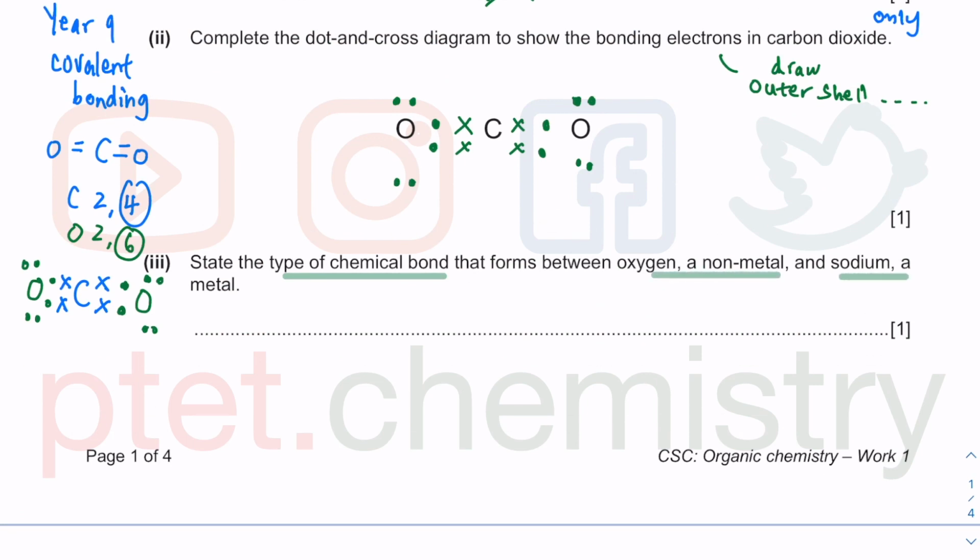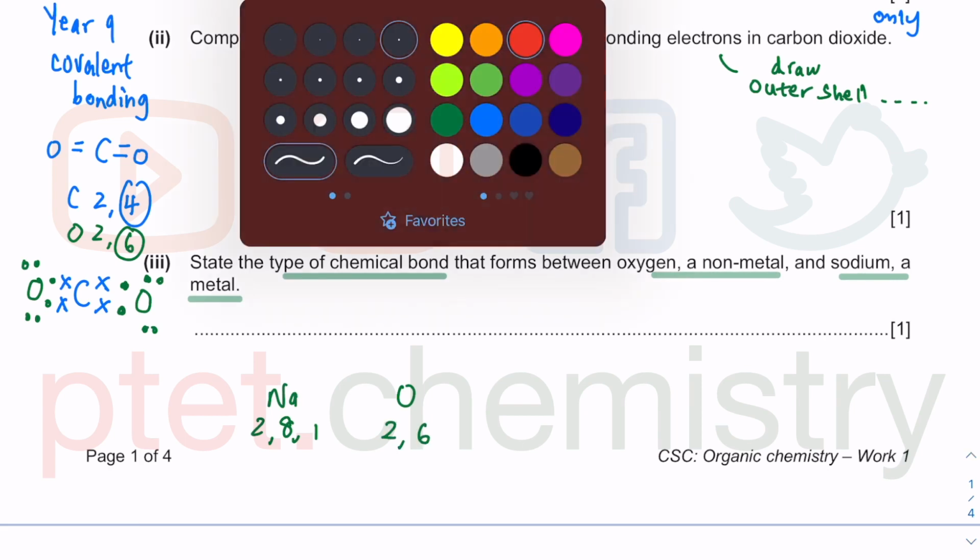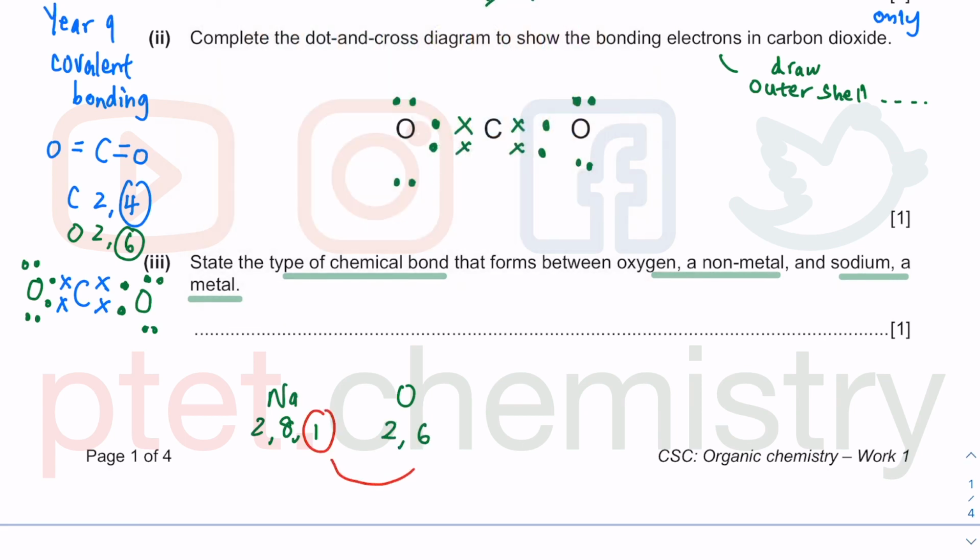So what is the type of chemical bond that forms between oxygen, which is a non-metal, and sodium, which is a metal? Sodium is a group 1 metal with electronic configuration 2,8,1, and oxygen is 2,6. The metal will lose the electron and you get Na+ with a fully filled outer shell, and oxygen gains electrons to get O2- with 2,8, a fully filled outer shell.